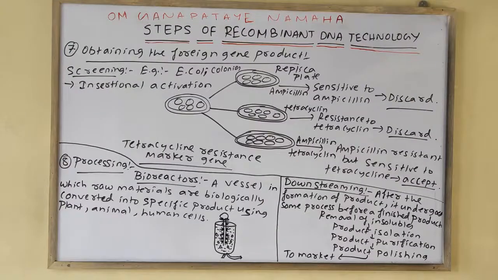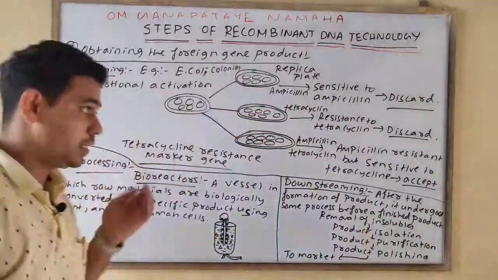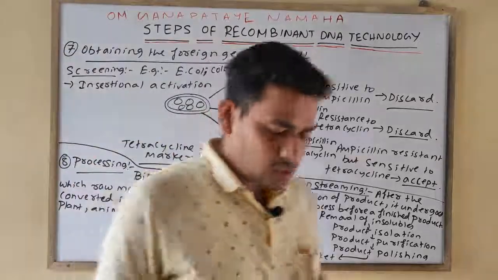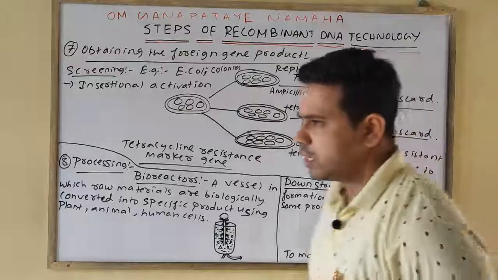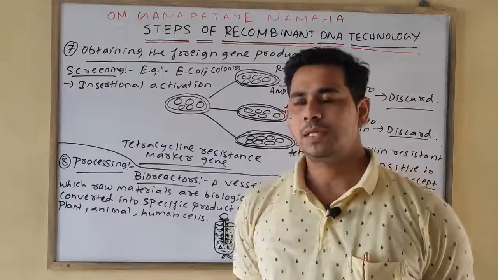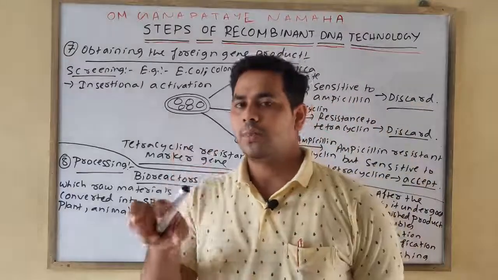So now we'll discuss our last two steps, that is obtaining the foreign gene product and the processing. So what is obtaining the foreign gene product? It means that during the replication we first have to do the screening, meaning in which host cell the recombinant DNA is present.